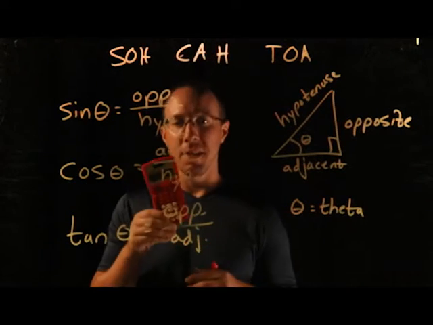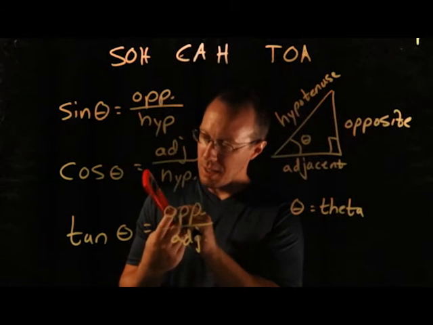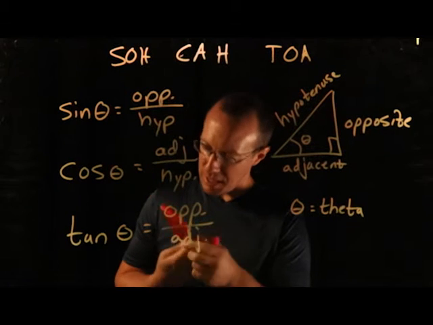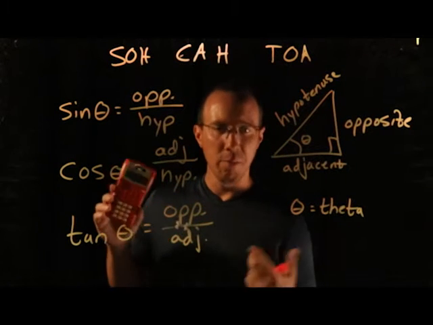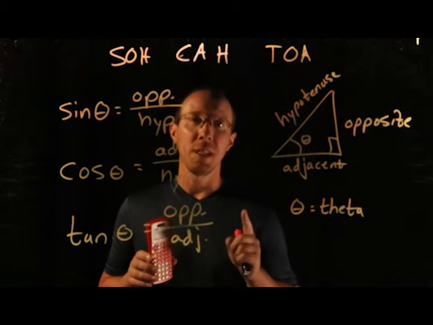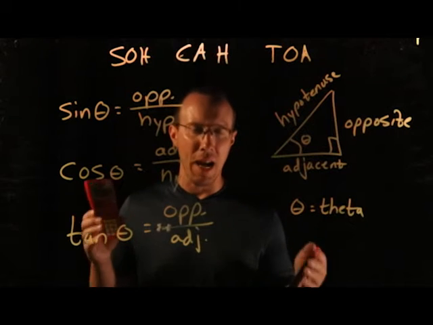So if you have a regular calculator like this, no big deal. You'll see when you turn it on, you'll see the little DEG somewhere in the bottom. Perfect. If you have a graphing calculator, make sure it's in degrees. Obviously, when you go back to math, make sure it's in radians or ask your teacher.